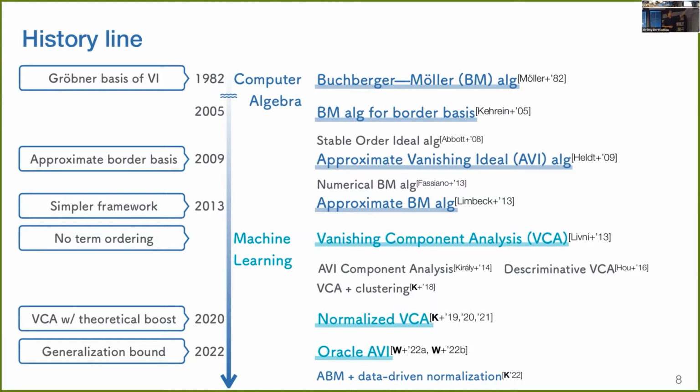And then in 2009, the approximate vanishing ideal algorithm was developed, and then people started talking about how to handle noisy samples.